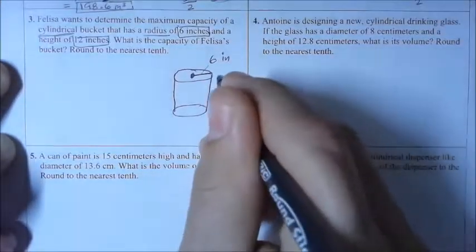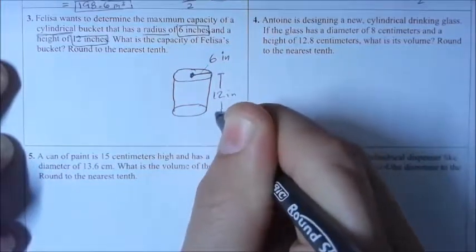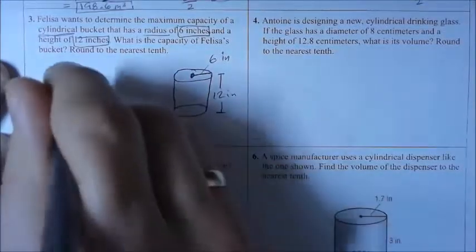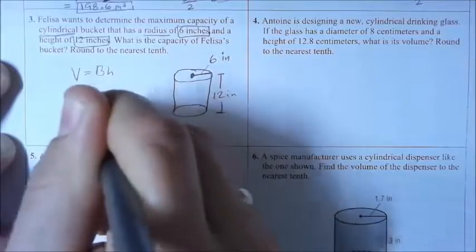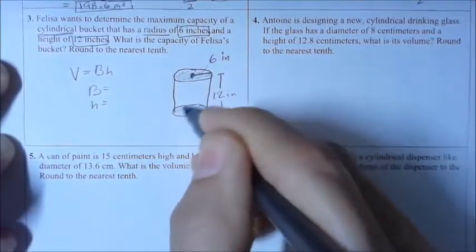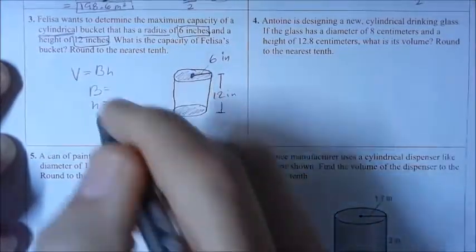And so now that we have that, we need to write our height. And it says our height is going to be 12 inches. So we got the numbers we need. We just need to plug them in. So we got V is equal to big B times H. We're going to find B first and then H. And I'm going to shade this in. Our shape is a circle, so we're using pi r squared to find the area of the base.